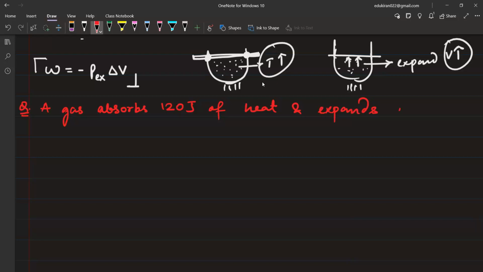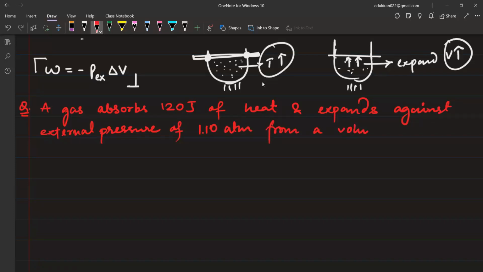And it expands against an external pressure of 1.10 atm from a volume of 500 ml to 2 liters.